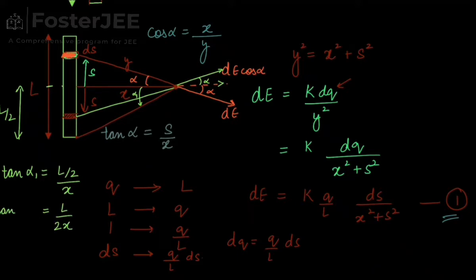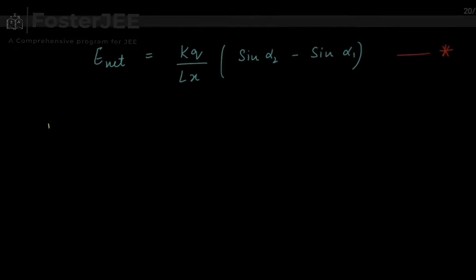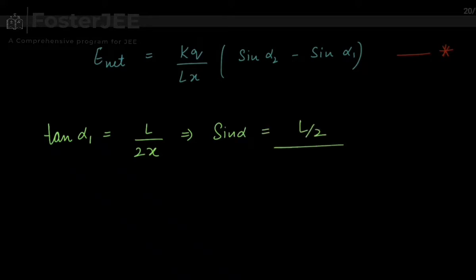Since the value of tan alpha 1 is L upon 2x, we can write the value of sin alpha 1 will be L upon 2 upon root over (L upon 2 whole square plus x square). Now this is our sin alpha 1.